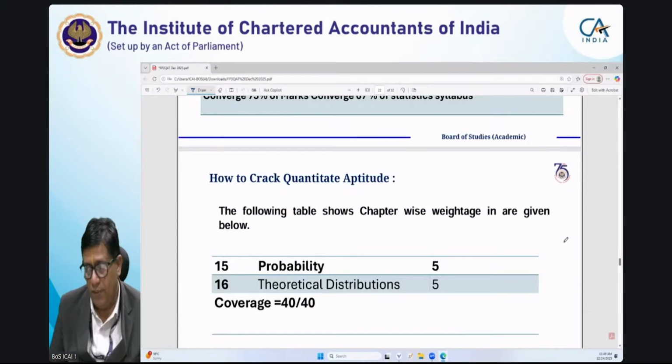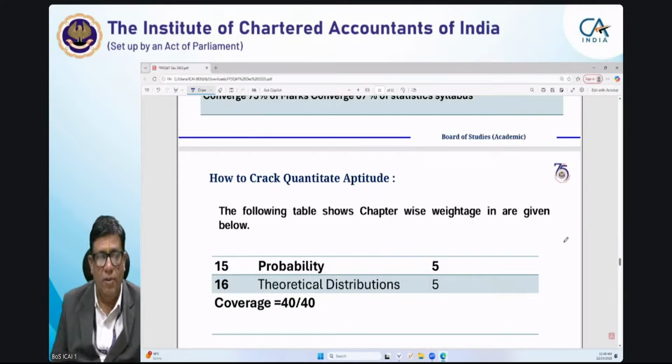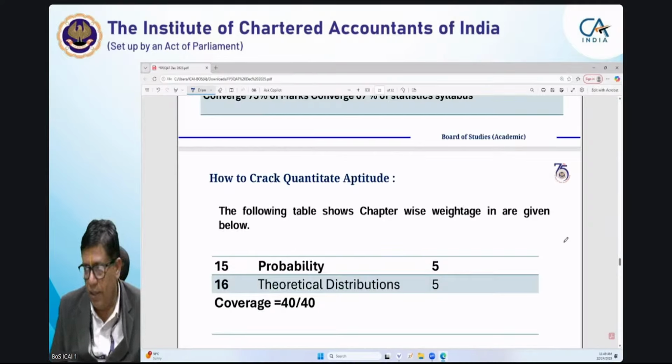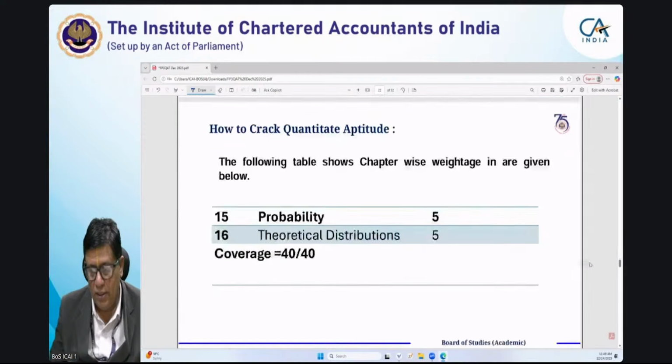In the upcoming January 26 issue, we have mentioned important probability and theoretical distribution concepts explained in a simple manner, which will be very helpful from the examination point of view: how you can remember the formulas very easily and understand them in a simple manner, which is also helpful in the student journal.